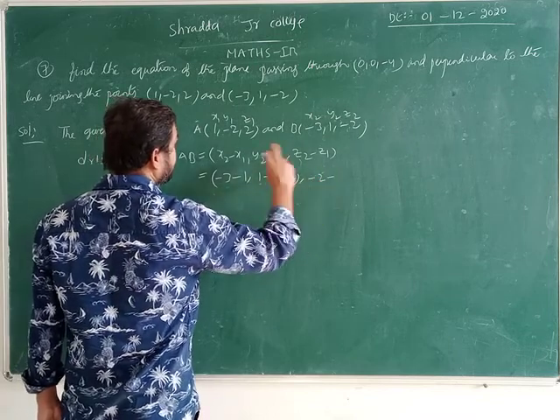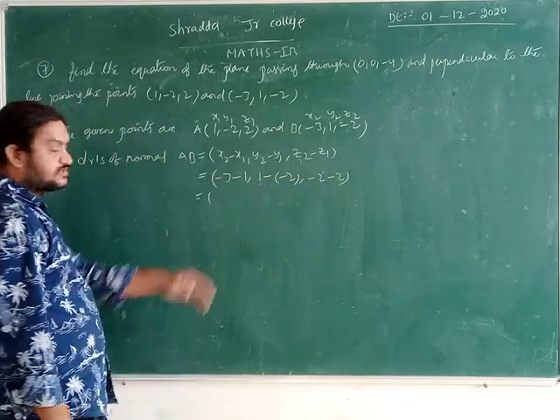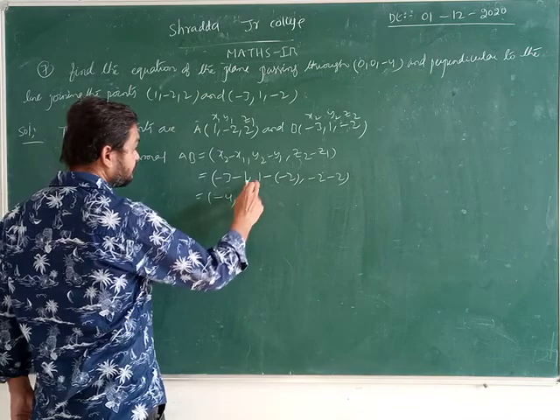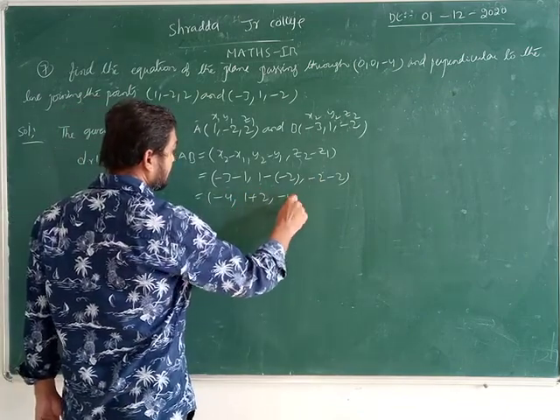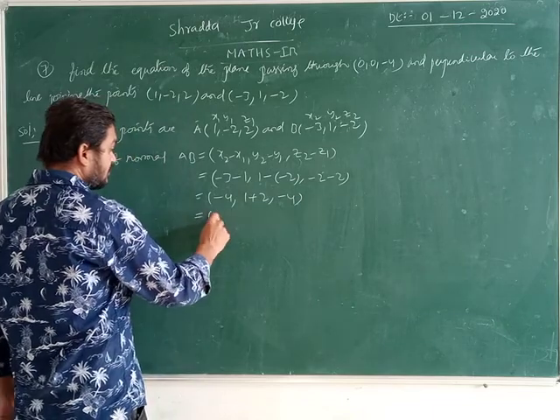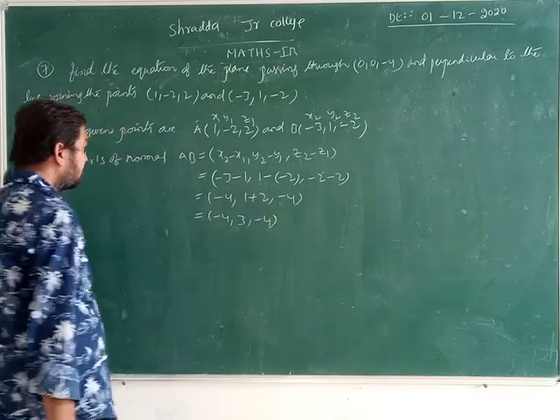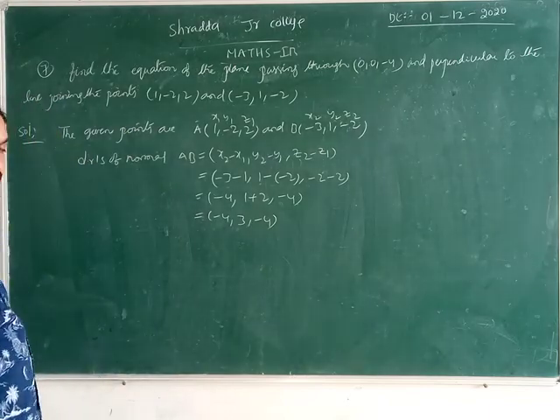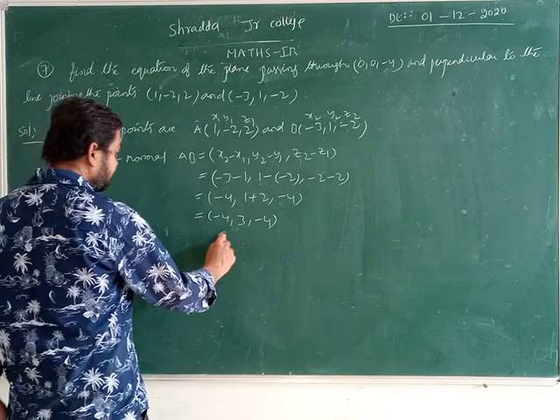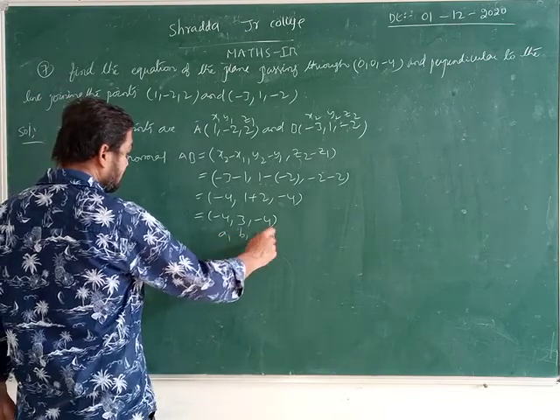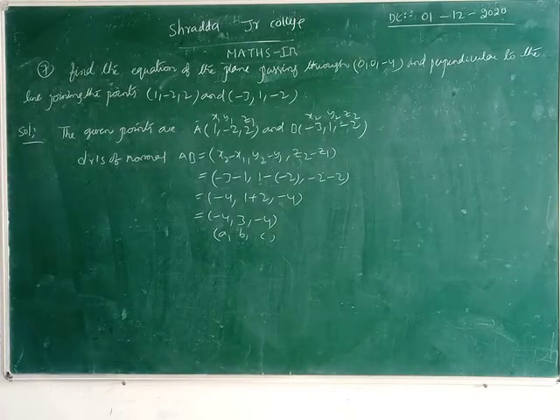Minus 2 minus z1, which is 2. Here minus 3 minus 1, how much? That is minus 4. 1 minus into minus, plus 2. Minus 2 minus 2, that is minus 4. Minus 4, 1 plus 2 is nothing but 3, minus 4. So these are the direction ratios of the normal, and these are denoted by small a, b, c.